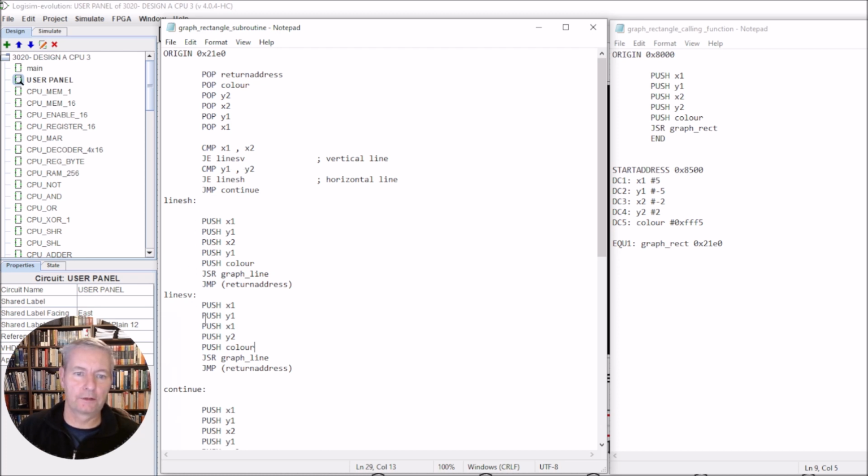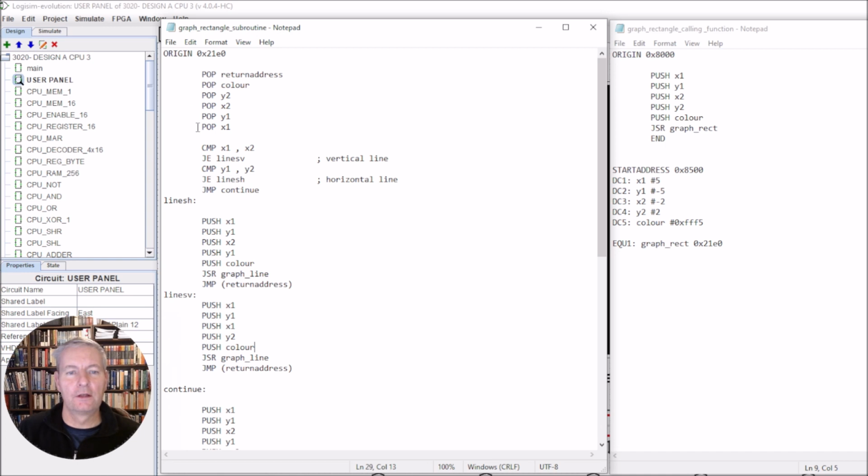So it jumps down here to lines vertical. Now the other option is that if the y1 and the y2 are the same, then instead of drawing in a vertical line, it's going to draw in a horizontal line.